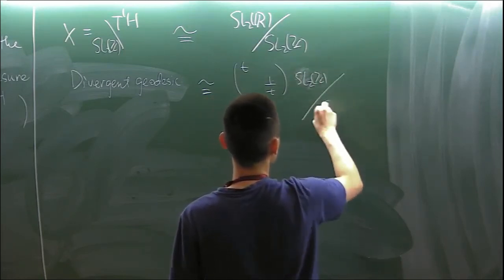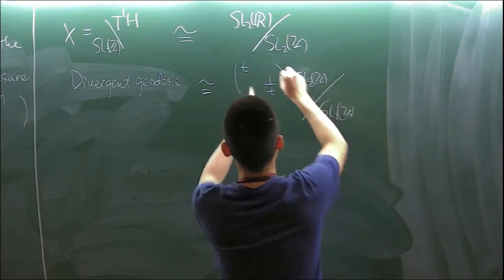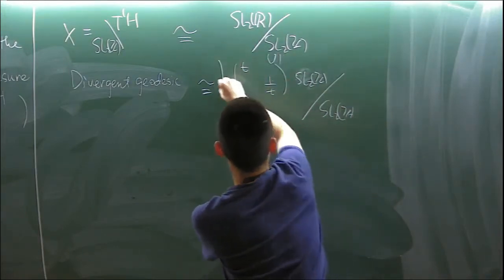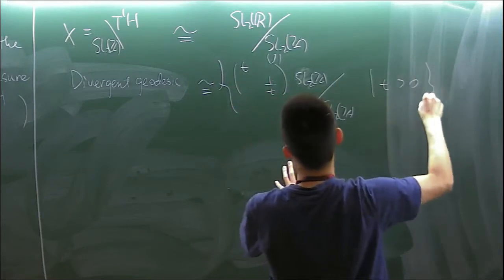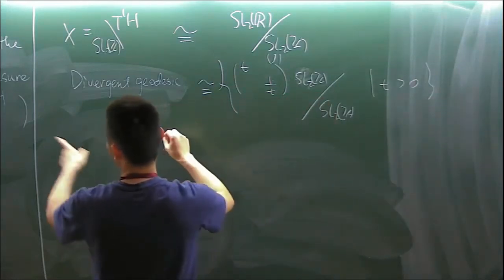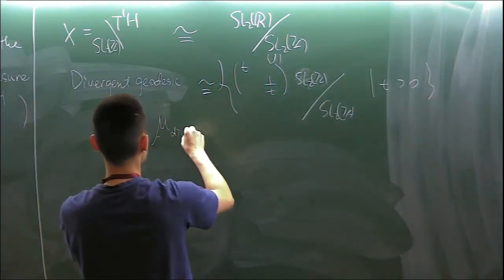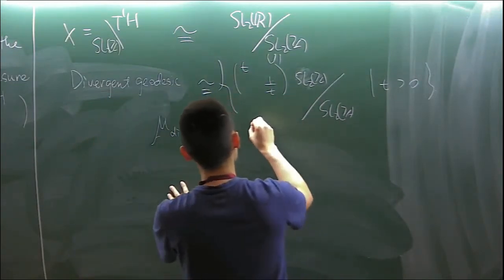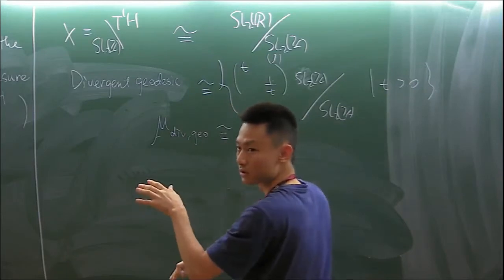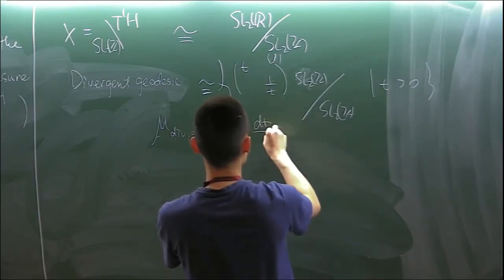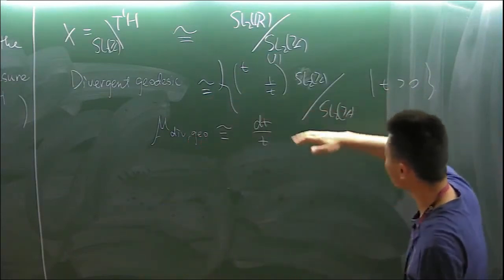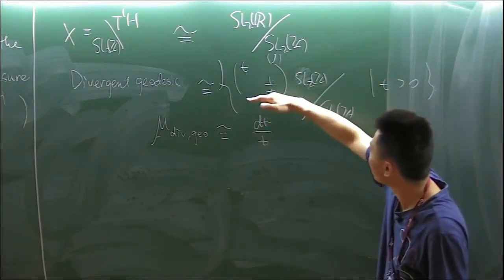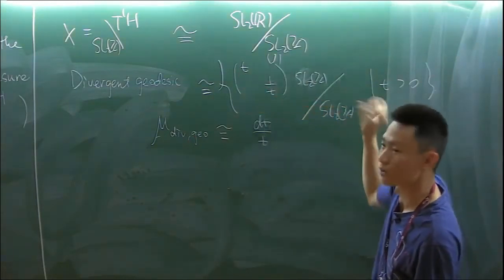And this set under this identification will give you T, SO2R, mod SO2Z. So it's a subset of this with T bigger than 0. And the measure here, what I denoted by divergent geodesic, under this identification becomes, up to a scalar, dt over t, which is the Haar measure, the unique T invariant measure supported on this orbit.